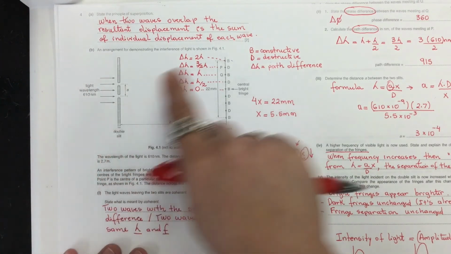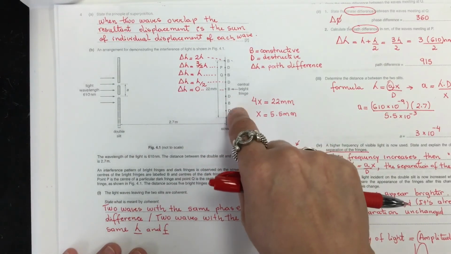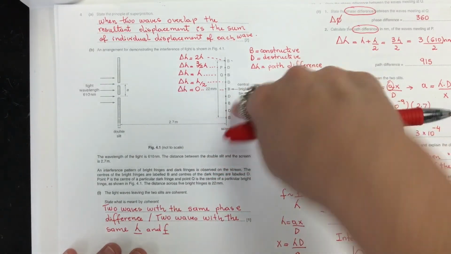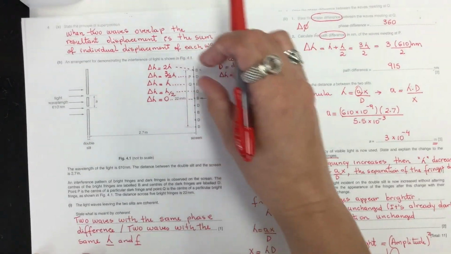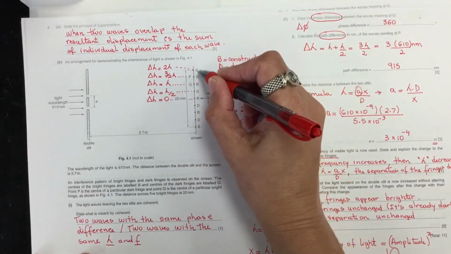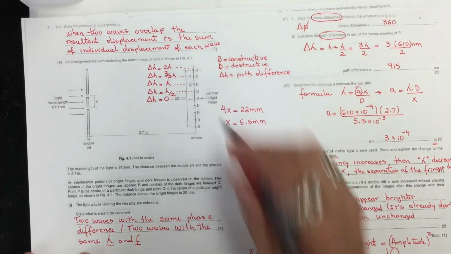So what will be the result here on this screen? We could conclude that the separation between those fringes is going to be smaller.